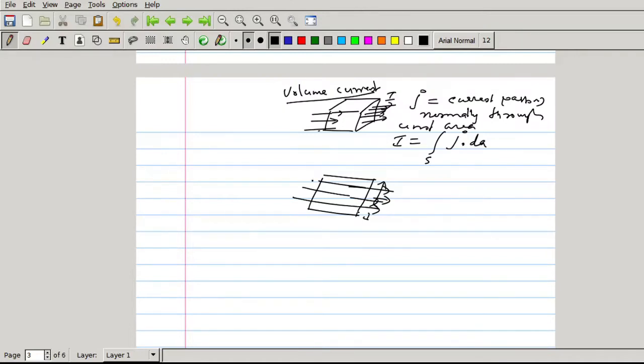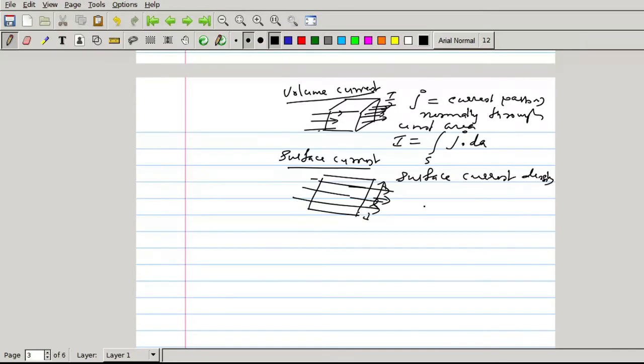If we have a surface current, the current is passing through the surface. So for the current density, we should divide this current by the length L. We take the current passing normal to a particular length L, and divide that current by the length, and then we get the surface current density.